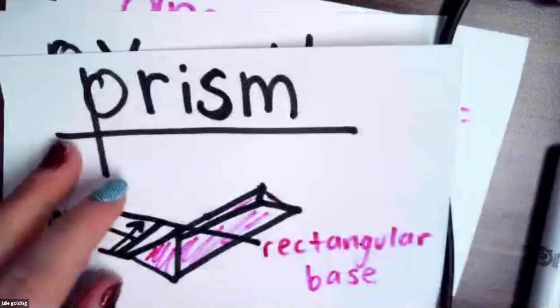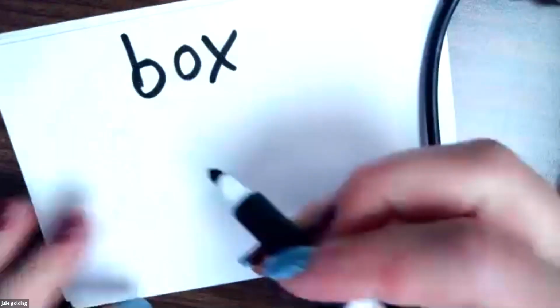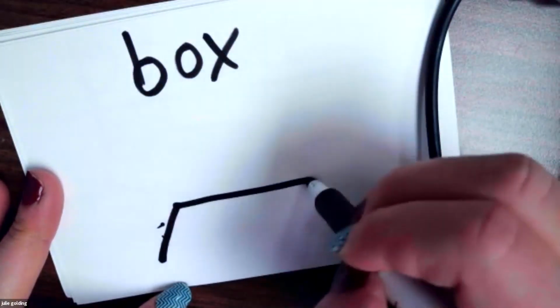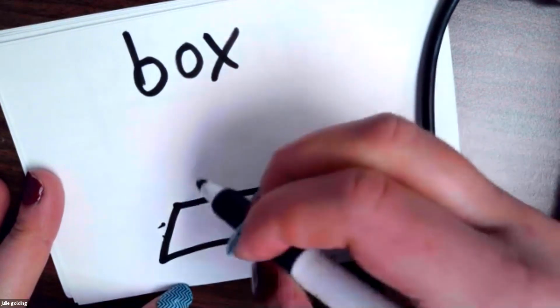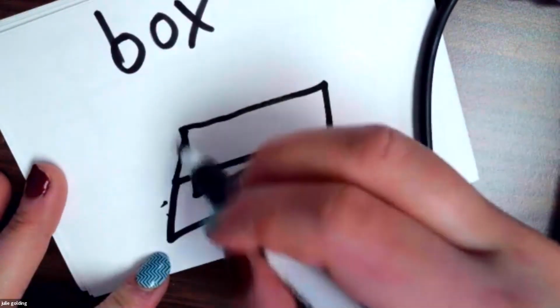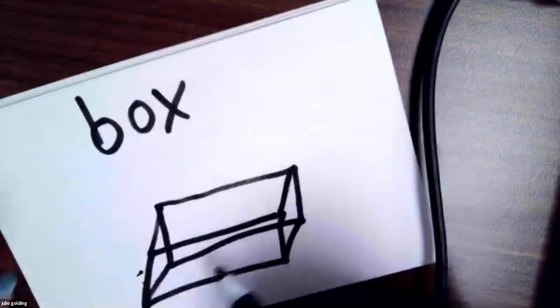And then we also have a box shape, which can be any kind, can be a rectangle on the base, so it's a little bit different from a cube.